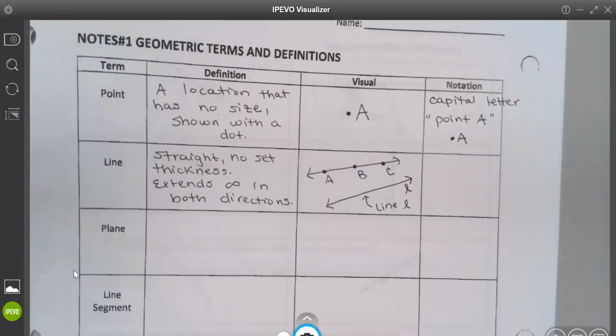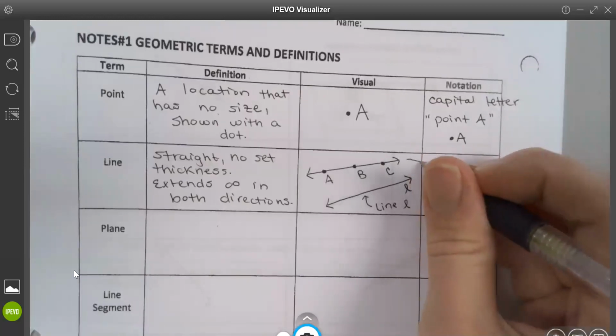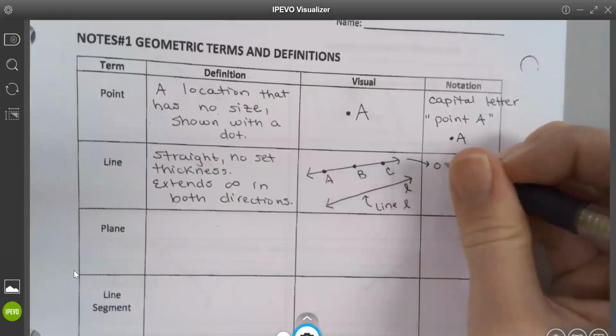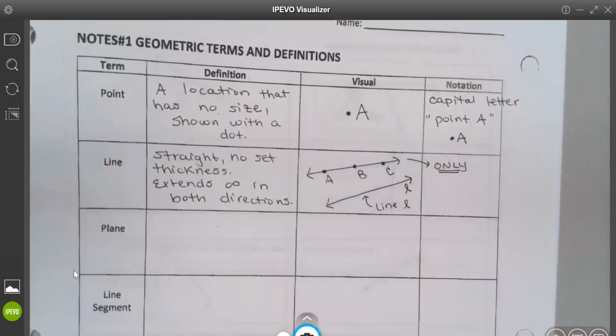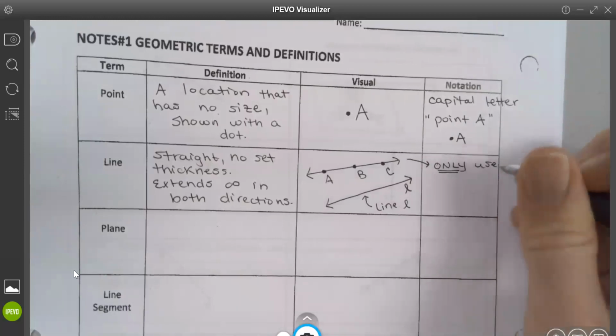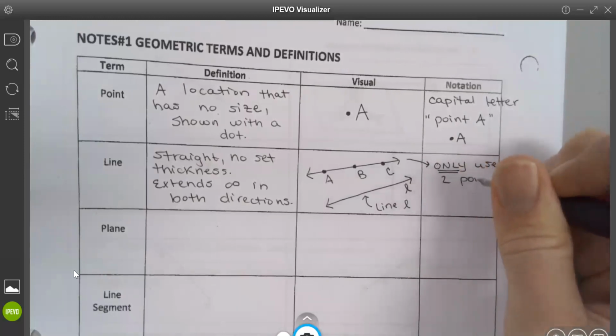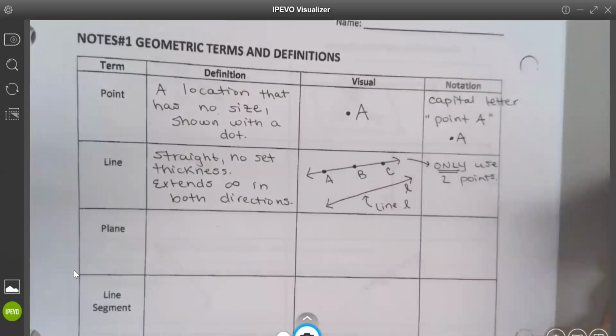Now here's the trick for the other line, and this is where students make a mistake. When we identify a line in a diagram, we only use 2 points. To have a line, I only need 2 points.